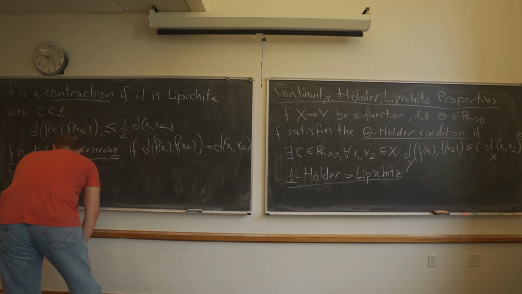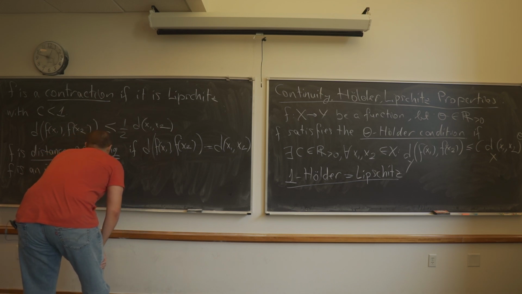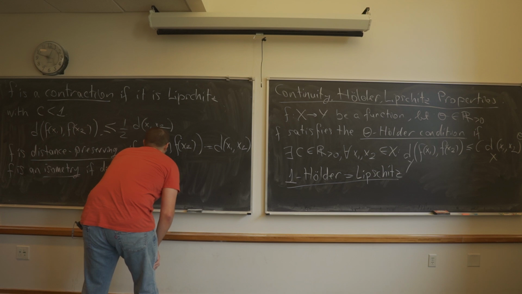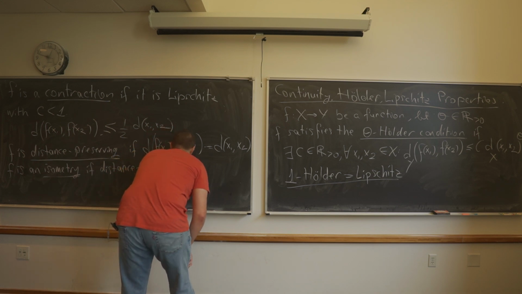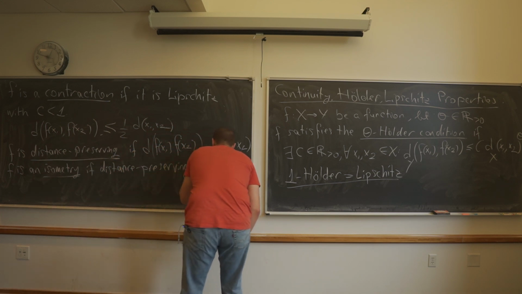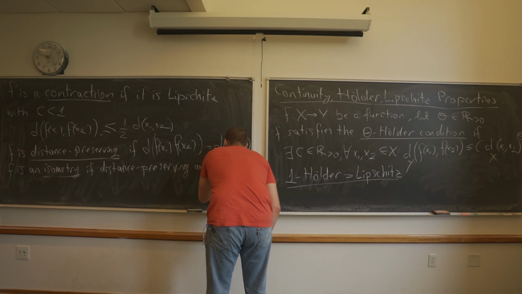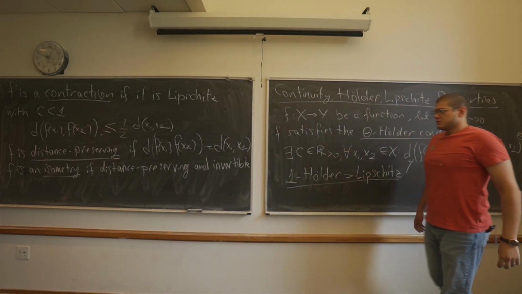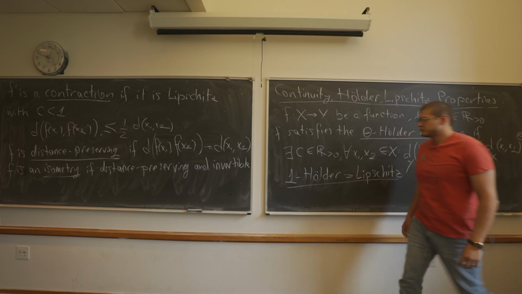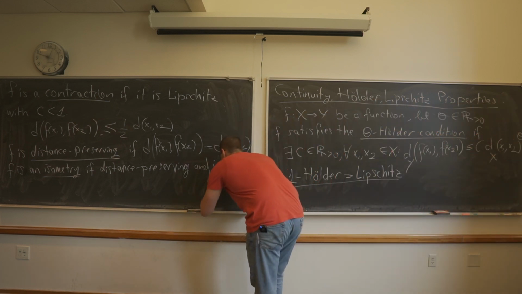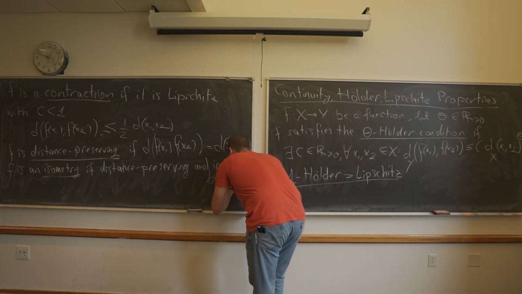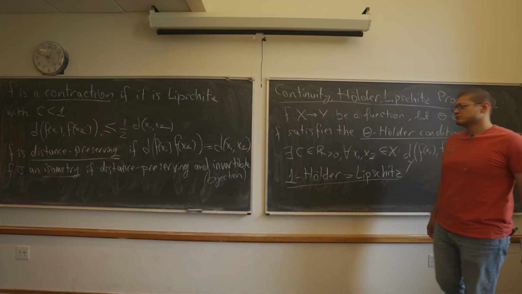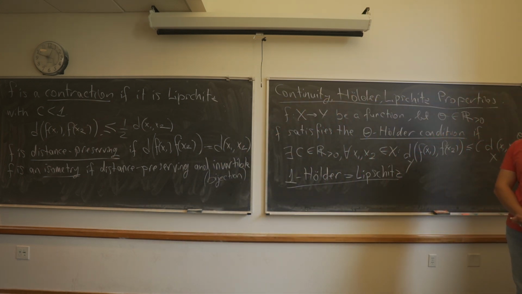It's an isometry if it is distance preserving and invertible. Has an inverse, or in other words, it's a bijection. Okay?